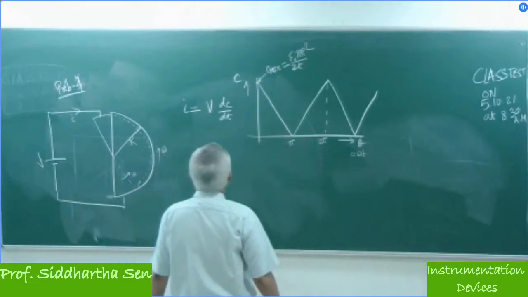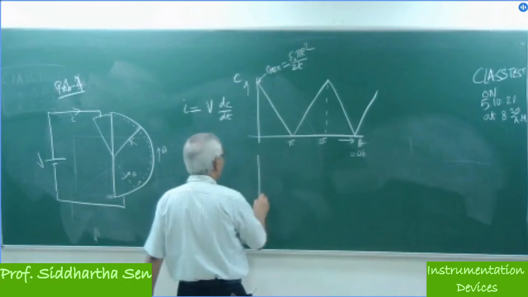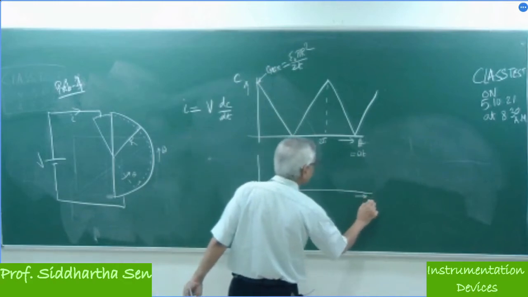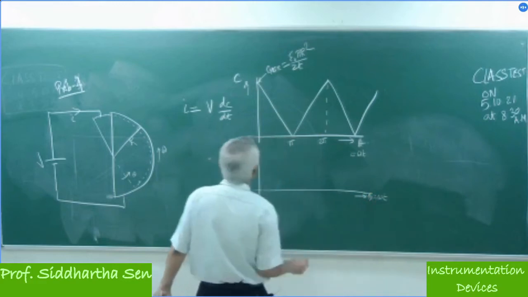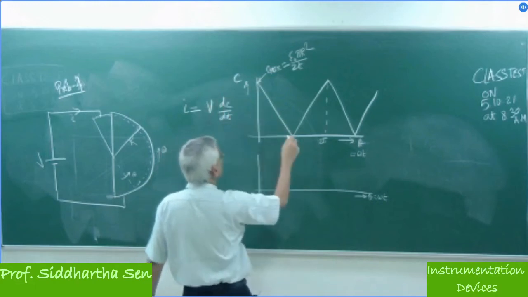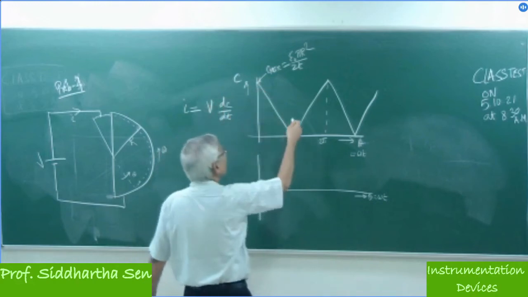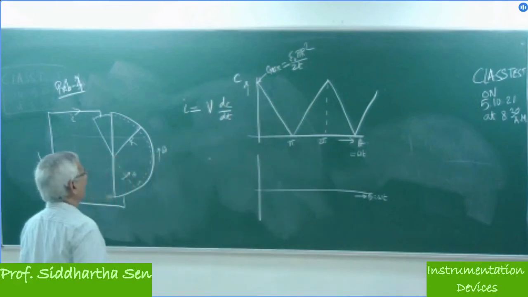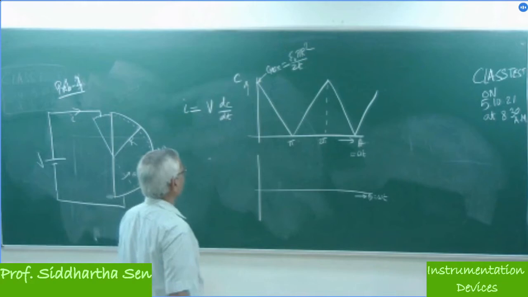So what will be the IT component? Theta is equal to omega t, so it is basically V into dC/dt. If you look at it, the slope is constant, so naturally the IT value will also be constant.